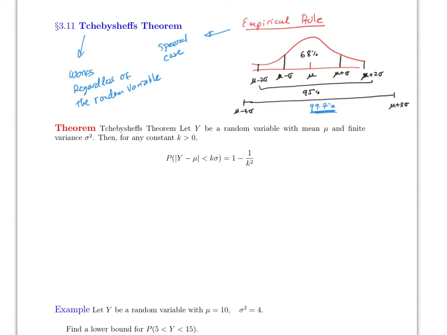Now, what Chebyshev's theorem says is the following. Let y be a random variable that has a mean and a finite variance. Then for any constant k, you can think of k as the number of standard deviations, and k is not necessarily an integer, it can be any real number.